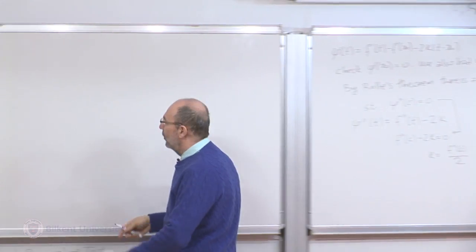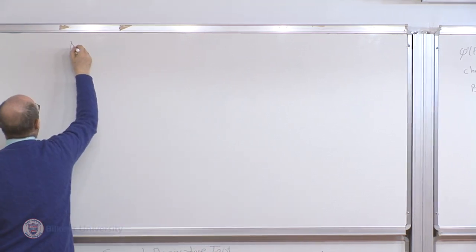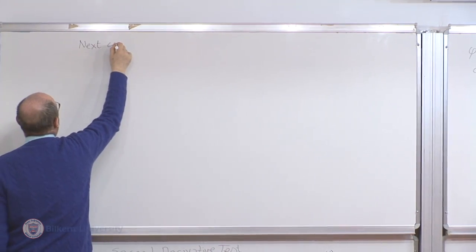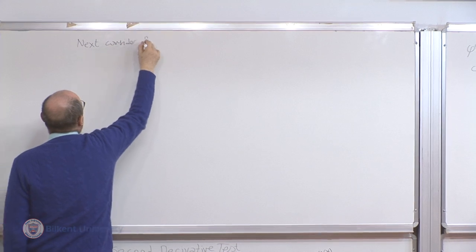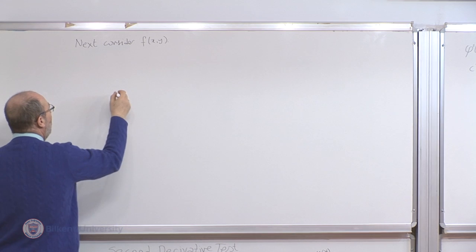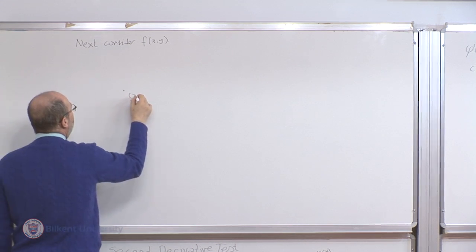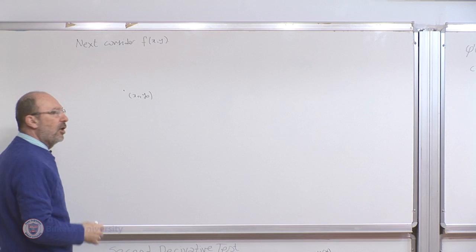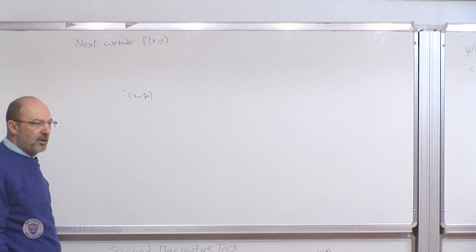Okay, so now consider a function of 2 variables. There is a point x sub 0, y sub 0. So this corresponds to our x sub 0 in the previous case.